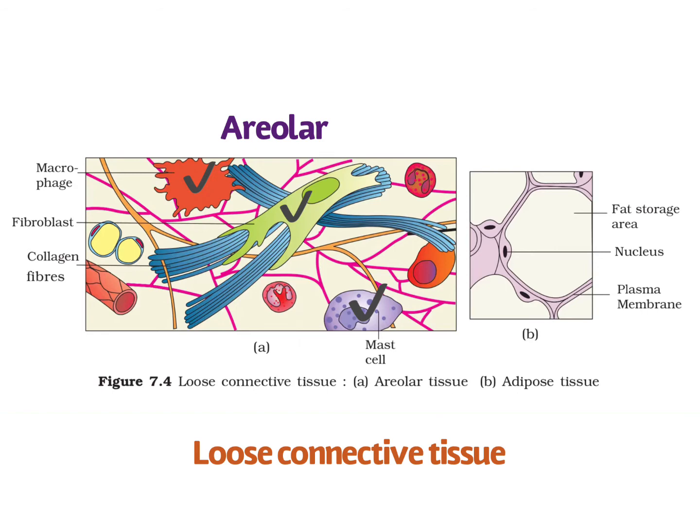Collagen fibers are present in bundles, and along with them the loose elastin fibers are randomly present in a network form, singly present. Similarly, in adipose tissue, mainly the fat deposition is observed. So the main function of adipose tissue is to store fat.